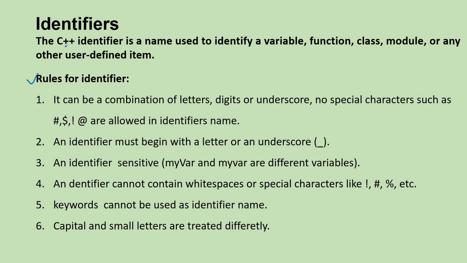Here, if we are going to name one particular variable, or identifier, we have to follow certain rules. First one, it can be a combination of letters, digits, and underscore. No special characters are permitted.